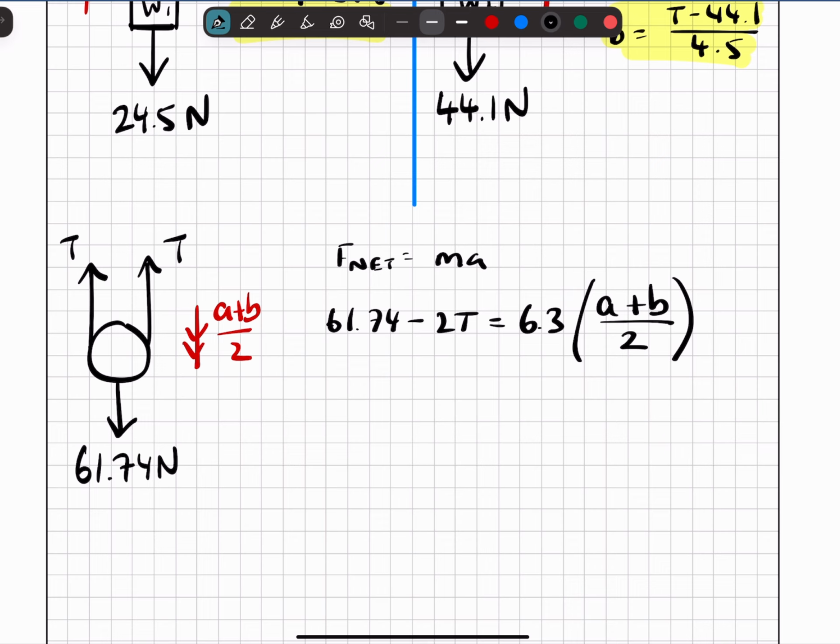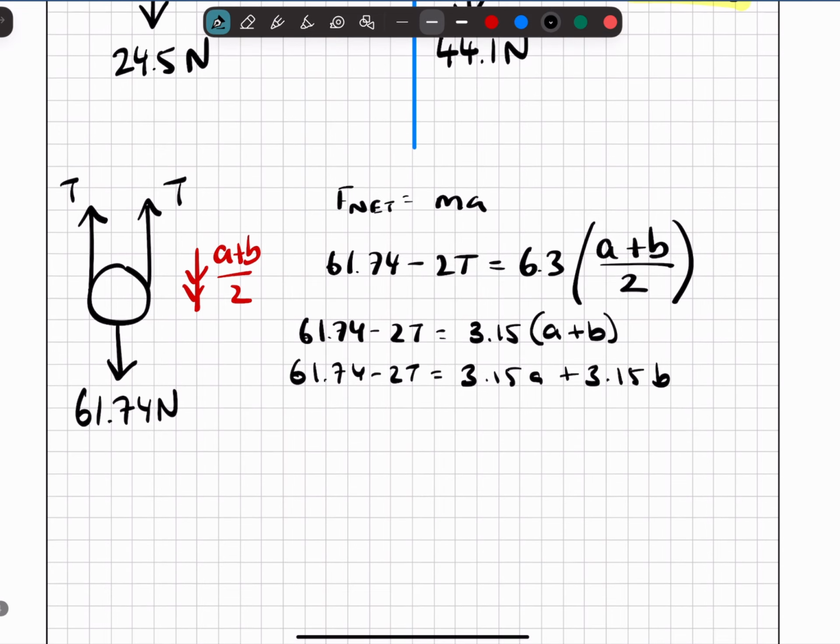Cleaning this up, and this is where things get a bit messy, I actually find it easier at this point to not plug in A and B just yet. I'm going to say 6.3 divided by 2 gives me 3.15. Shouldn't need a calculator for that. 3.15 by A plus B. 61.74 minus the tensions equals 3.15A plus 3.15B.